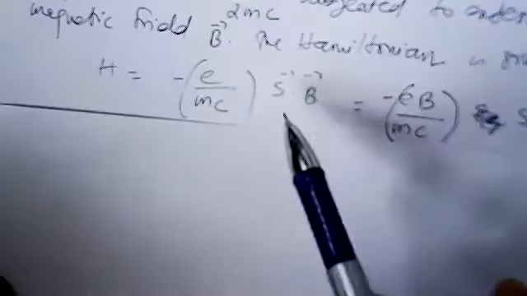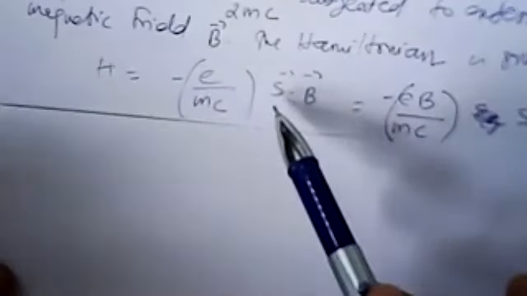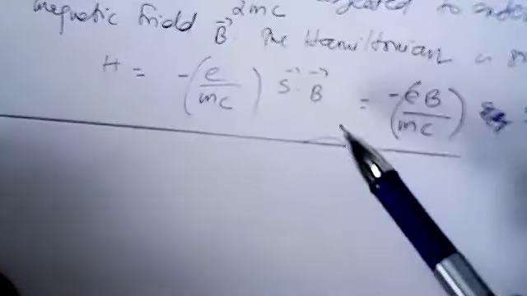So that S dot B, you can write it as Sz B cos theta. Okay, B is in the Z direction, so Sz B cos theta or cos 0. So that will be B Sz. So minus eB by mc into Sz. Okay.